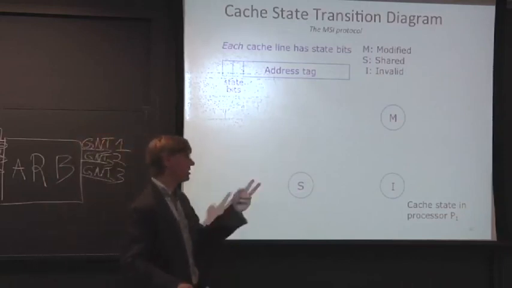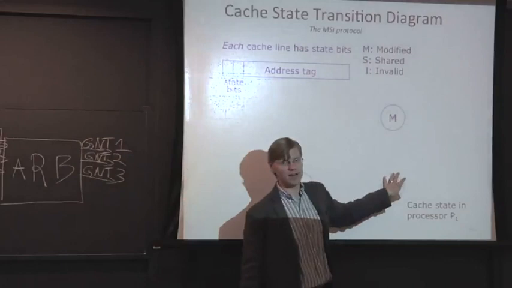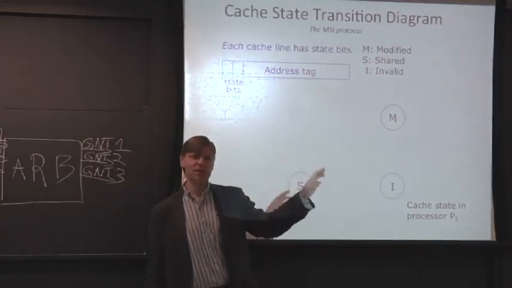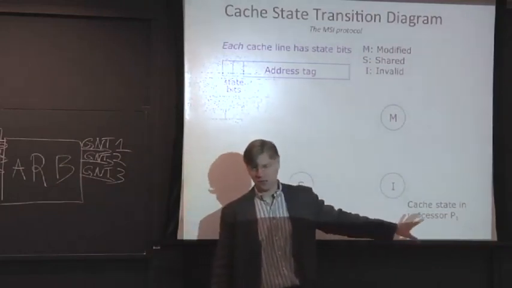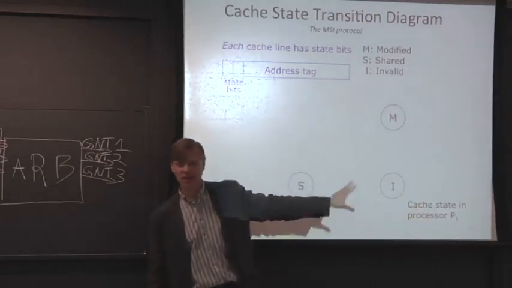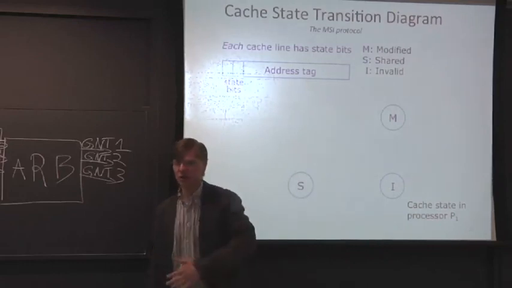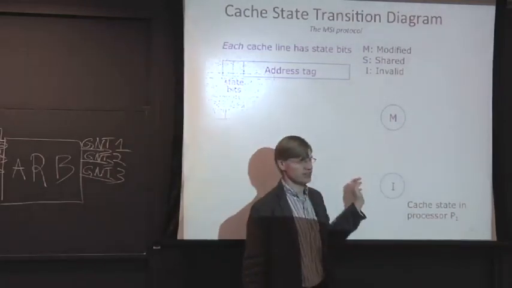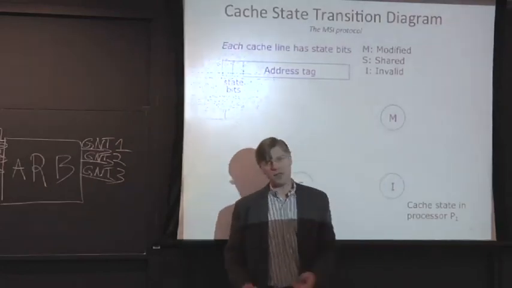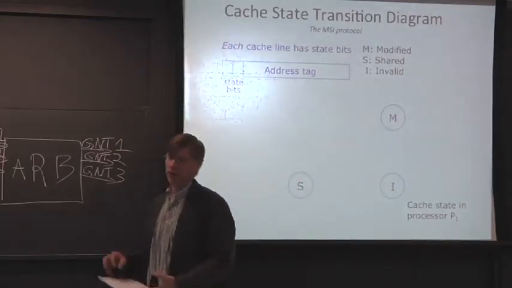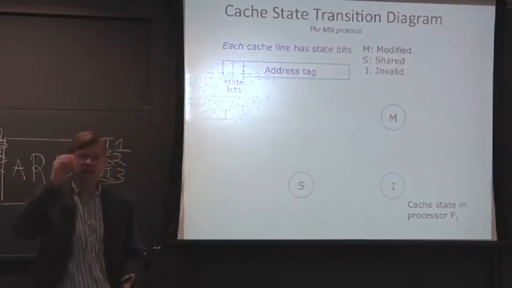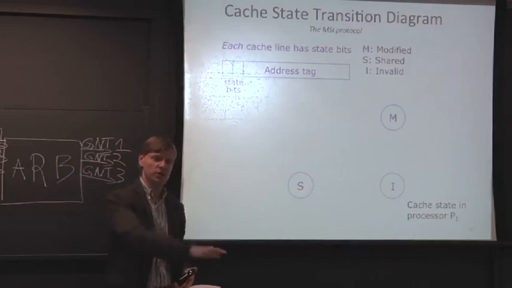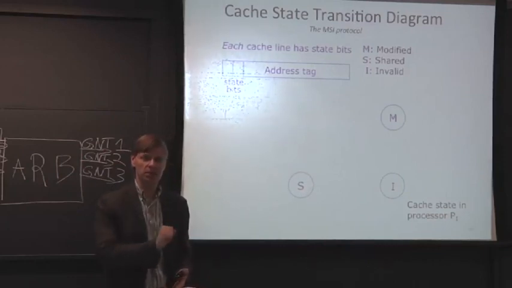So what are these three states? I is invalid. It's pretty self-explanatory: the data in your cache is invalid. You're not allowed to read it. If you try to access something that has an invalid bit set in your state bits, you are going to take a cache miss, and then you have to transition to one of these other two states. M is modified. Modified means that the data in the cache has been modified relative to what is in main memory.